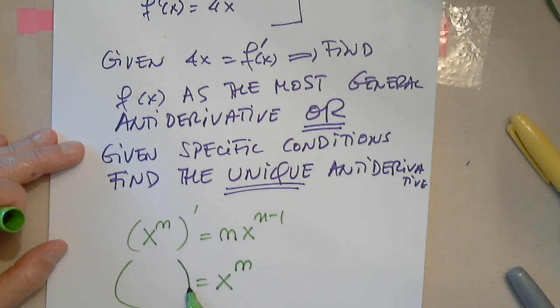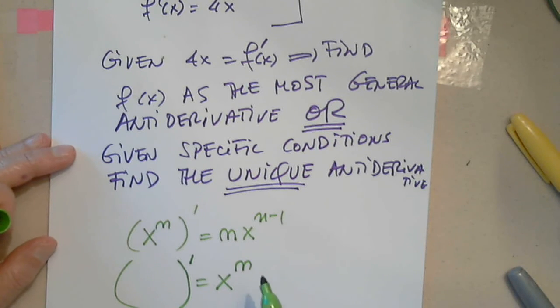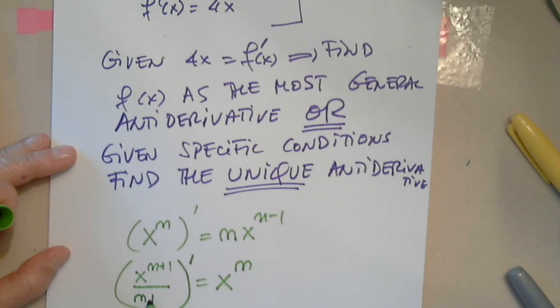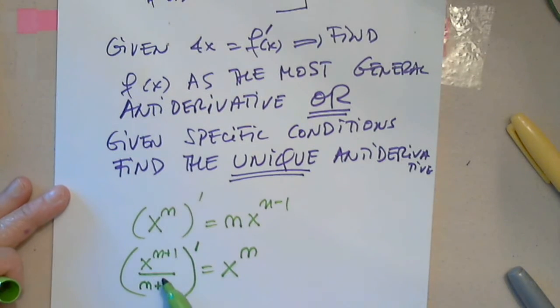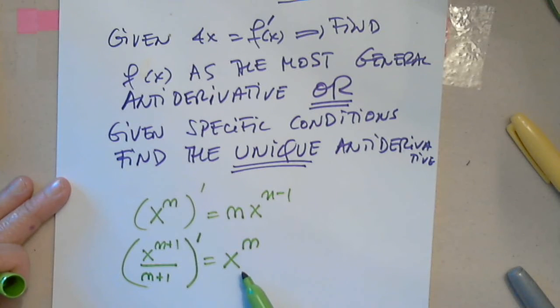In other words, which function do I differentiate to get this? So obviously it's a fraction. I increase the power, not decrease like we used to, and I divide by that number. How come the derivative of this is that? Very simple. Bring down n plus 1 and simplify it, and subtract 1 from the power and get this.